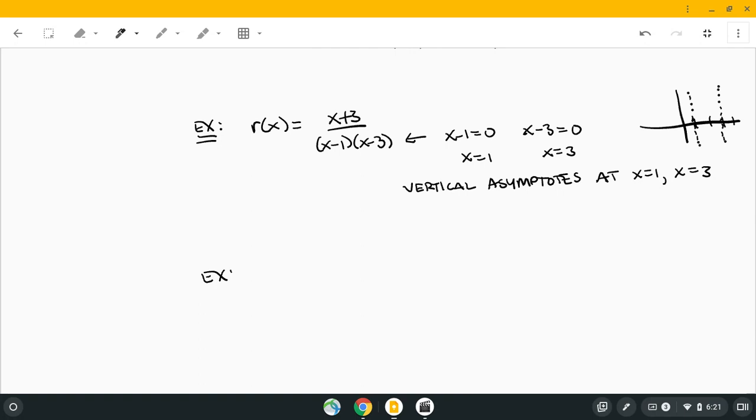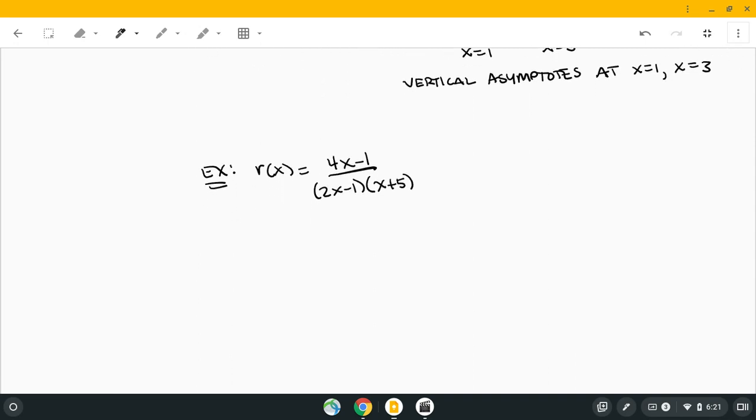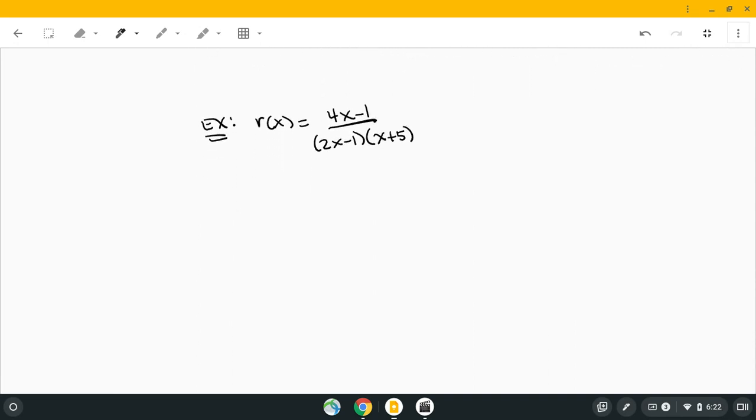Let's take a look at one more. Suppose that you have this rational function, 4x minus 1 over 2x minus 1 times x plus 5. Why don't you go ahead and hit the pause button and see if you can find the vertical asymptotes for this one, and then come back and check. Okay, so right here, set each factor equal to 0 and solve each one. x equals 1/2, x equals -5.